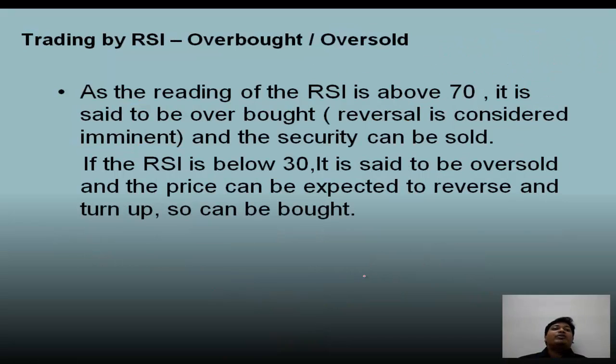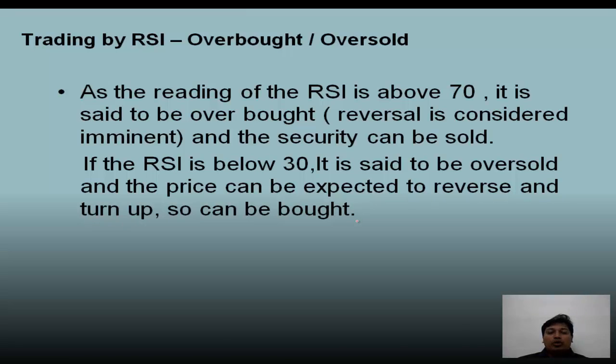Now let's look at how we trade RSI, overbought, oversold. When the reading of the RSI is above 70, it is said to be an overbought condition. Reversal is considered imminent, and the security can be sold. If the RSI is below 30, it is said to be oversold and the price can be expected to reverse and turn up.